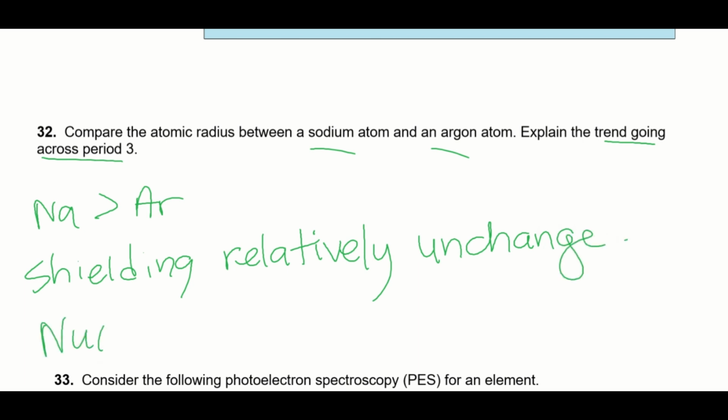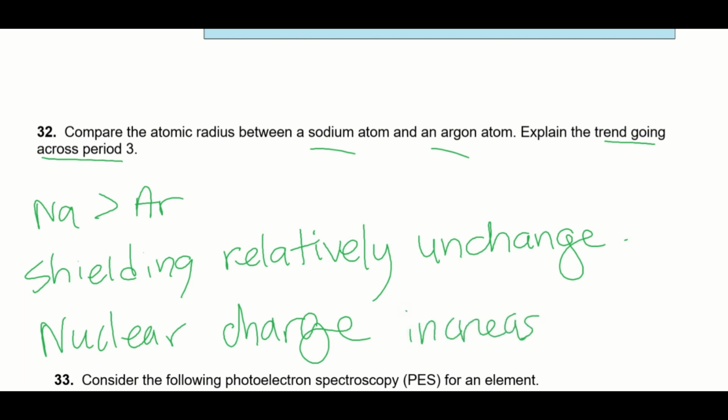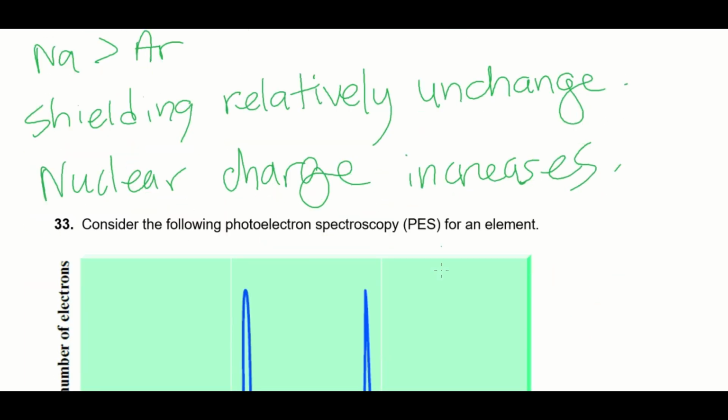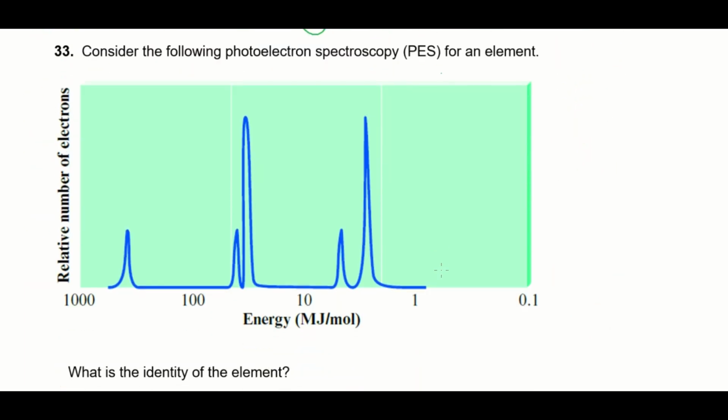Nuclear charge increases. So as you go across the period, left to right, there's more of a nuclear charge pulling the electrons inward, so they get smaller. Nuclear charge increases. That'd be nice if you use both those key terms in your answer.